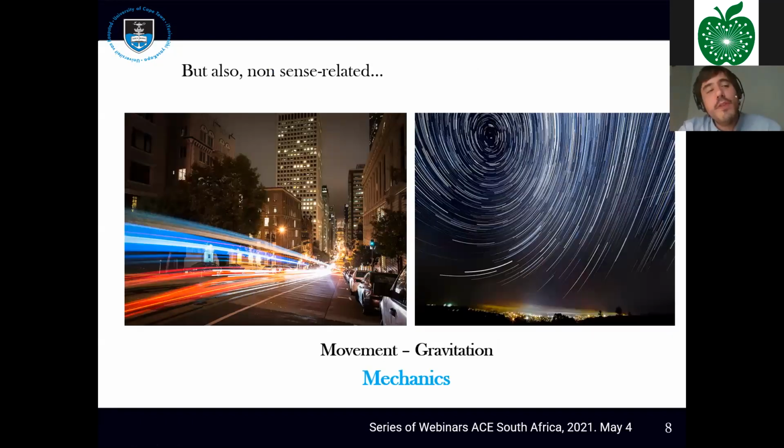And on the other hand, I mentioned some of the main fields that emerge from the interaction of humans with nature through their senses, but scientists also created many other fields from things that were not sense related. For example, something typical like movement.